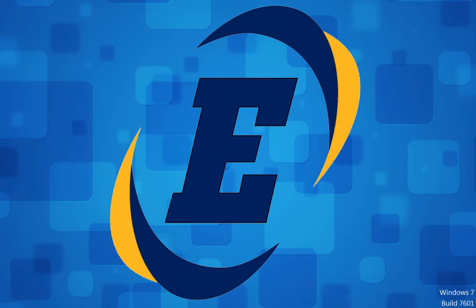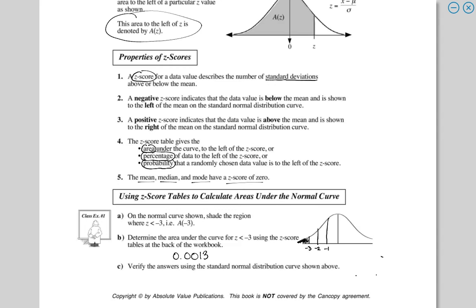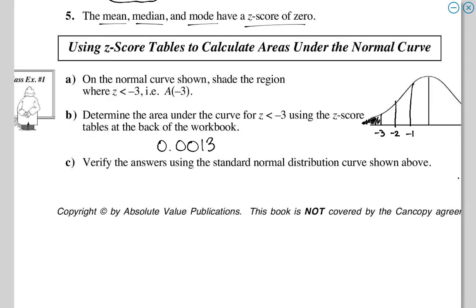Okay, so on the back of the book, the area was 0.0013. It's not up there. This is not the percentage. This is the area as a decimal.